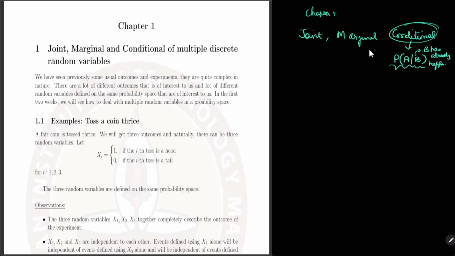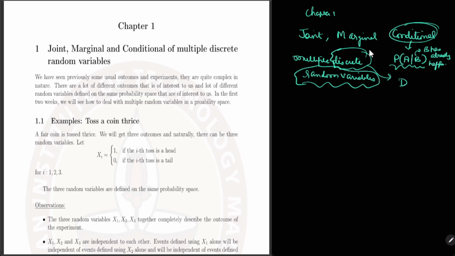And we also know multiple discrete random variables. So we know what is a random variable, we know what is discrete; there are discrete and continuous.